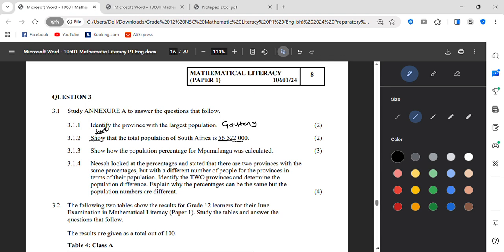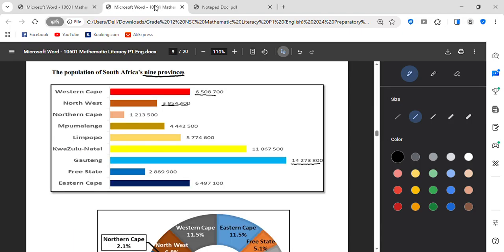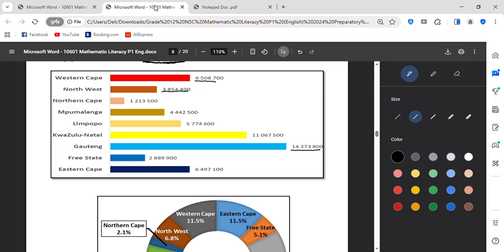So at the end of the day, you need to make sure that you get 56,522,000. How are we going to get that? This is the total population of South Africa. We are given the population for all the 9 provinces here.